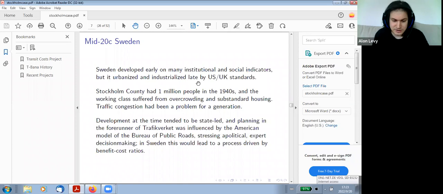So now there's also an era of state-led development. I think it's to a large extent all of Western Europe, but I know this specifically of Sweden, was building a bureaucratic apparatus that is based on apolitical expert opinion. Some of this persists to this day. For example, road projects in Sweden.